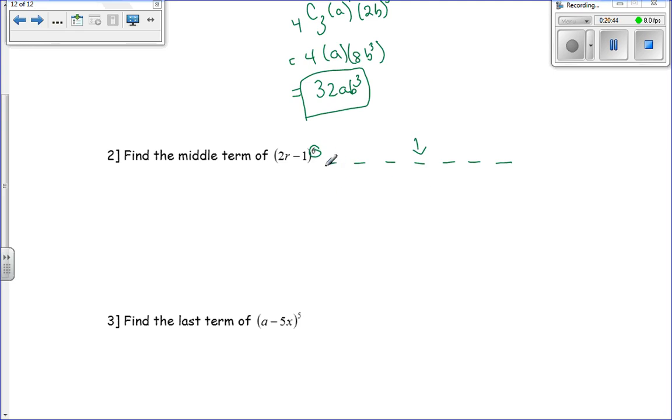So it is 6c0, 6c1, 6c2, 6c3, 2r to the 6, 5, 4, 3, negative 1 to the 0, 1, 2, 3. And something that happens only when you have middle terms is your exponents will be the same. So 6c3 is 20.